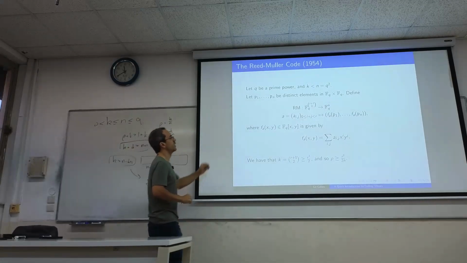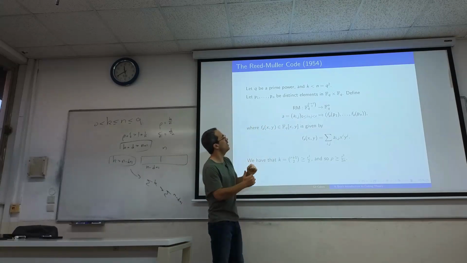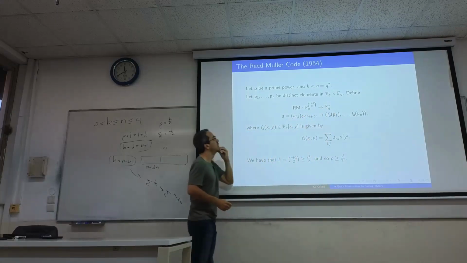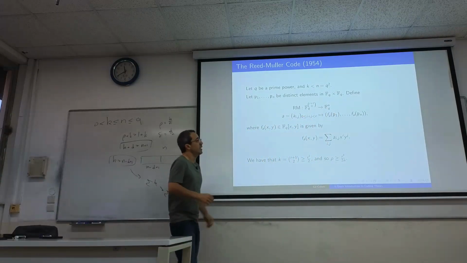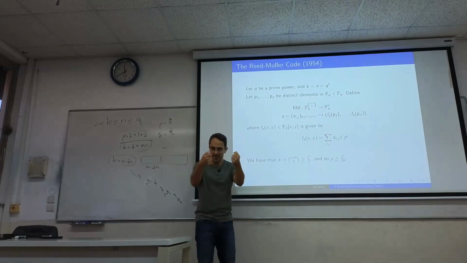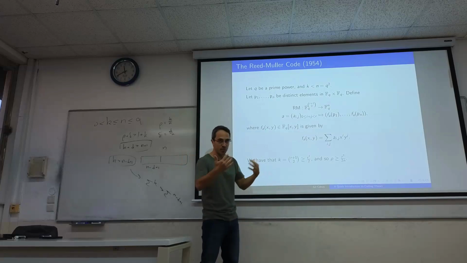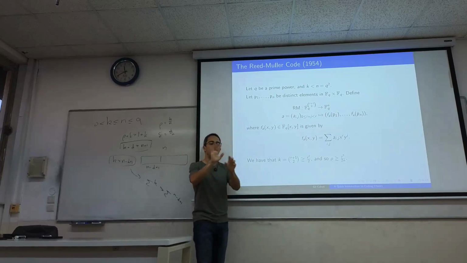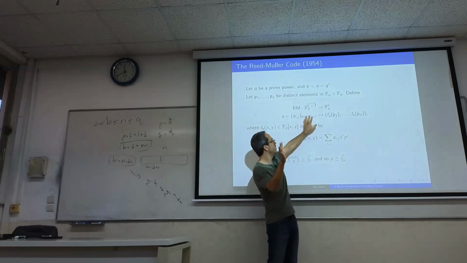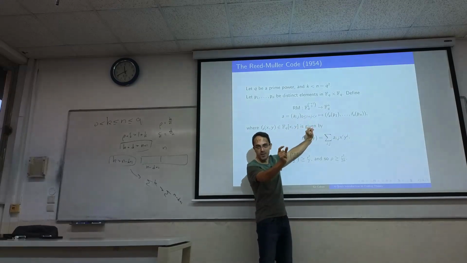So what we are going to do is the following. P_1 up to P_n, where n is q squared, are going to be the elements in the plane, F_q times F_q. Just naming them like that. And now, instead of interpreting the message as a univariate polynomial over F_q, we are going to interpret it as a bivariate polynomial over F_q. So you have x and y, and I'm going to choose it in such a way, the natural choice essentially, that the total degree is at most some number.